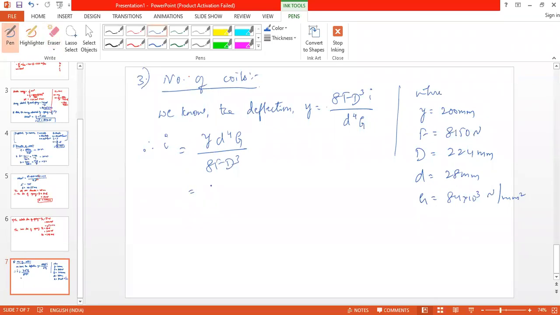So can you tell me the value of I? What is the value of I?